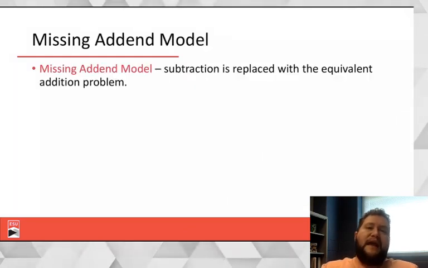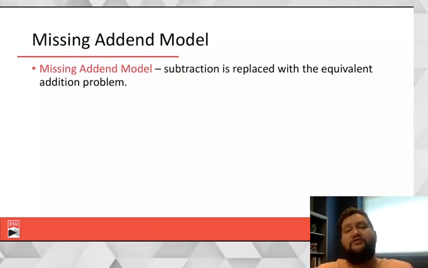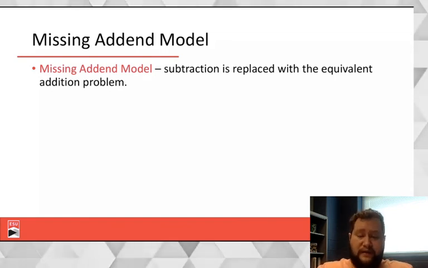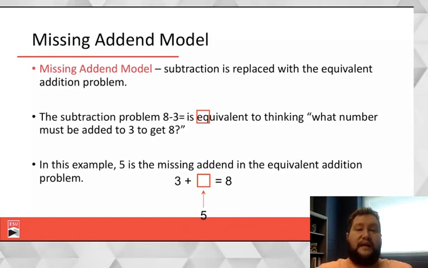And then the missing addend model uses the fact that addition and subtraction are inverse operations. And so for any subtraction problem, you can convert that to an addition problem. The subtraction problem, 8 minus 3 equals blank, that red square, is equivalent to thinking, what number must be added to 3 to get 8?